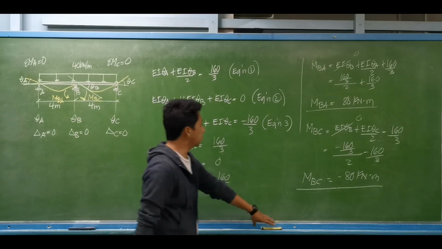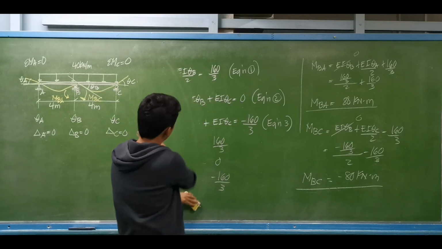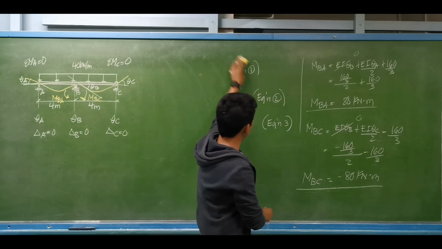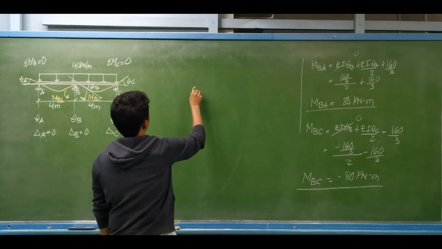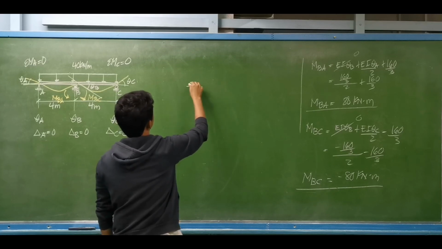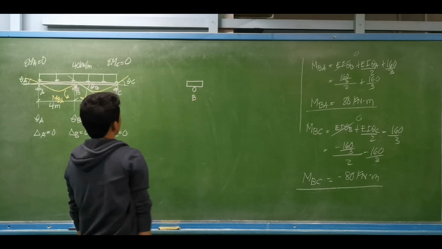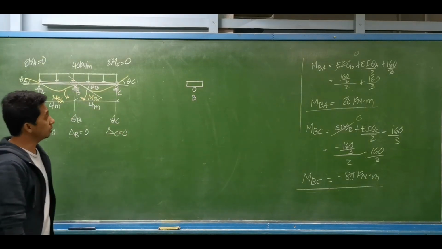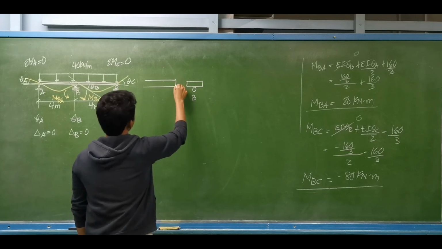If we are to draw the equivalent free body diagram of support B, which is a roller support, supposedly we have a negative bending moment. This is for the span AB.